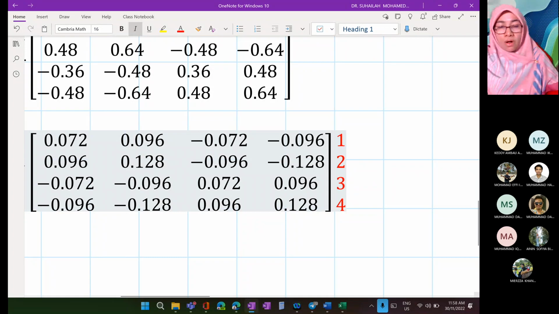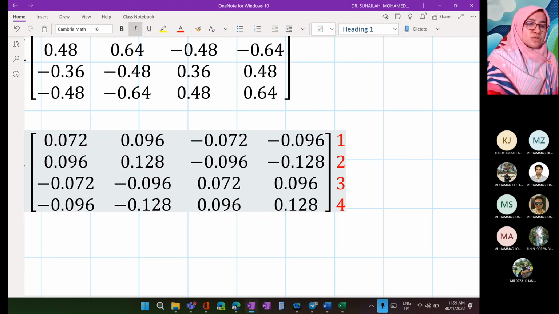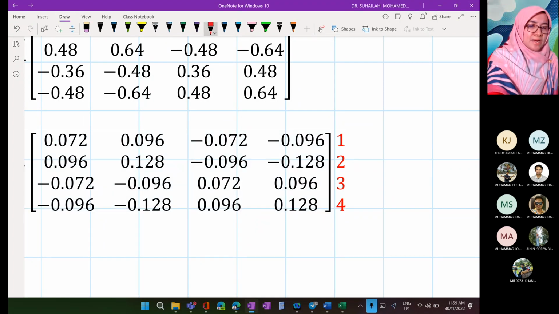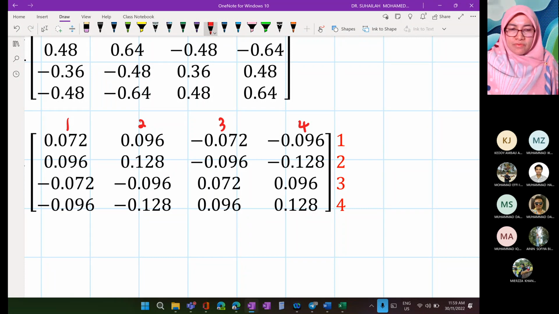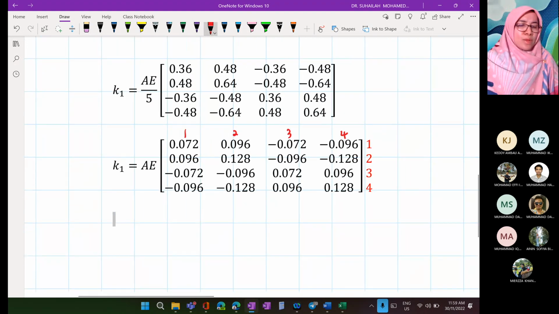We have to label both, not only the vertical one, the horizontal also. Means that this one also has to be labelled 1, 2, 3, 4. Near xy, far xy.